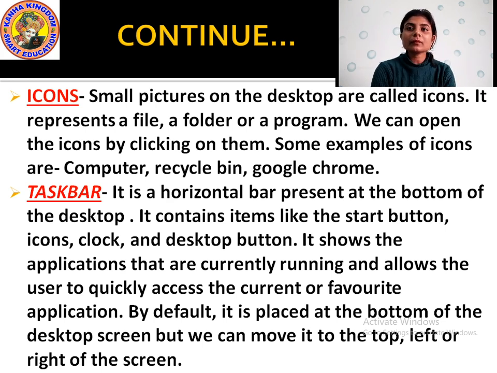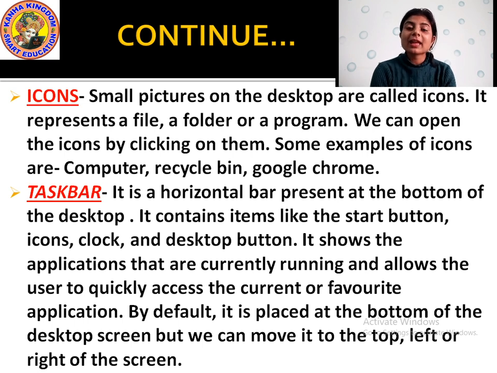Okay. Then it shows the applications that are currently running and allows the user to quickly access the current or favorite application. By default, it is placed at the bottom of the desktop screen, but we can move it to the top, left or right of the screen.